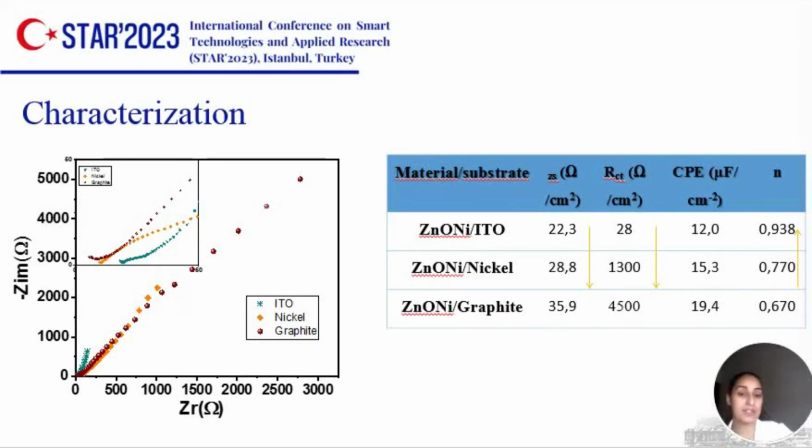Similarly, the constant phase elements increase in the same order of electrodes, and the factor N decreases respectively from graphite, nickel to indium tin oxide. This result reflects that the nickel zinc oxide material on the indium tin oxide substrate has a better electrochemical activity than the others and a high specific area.